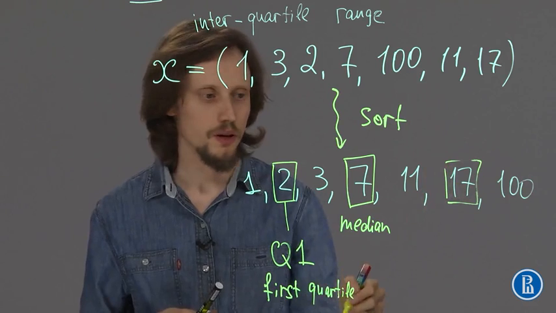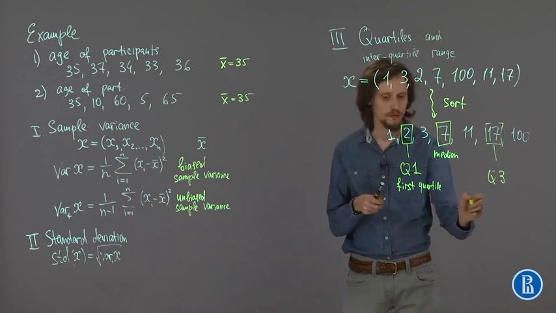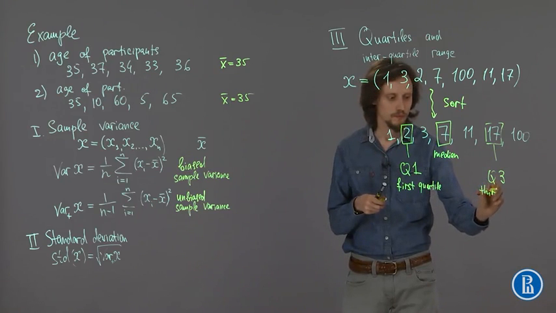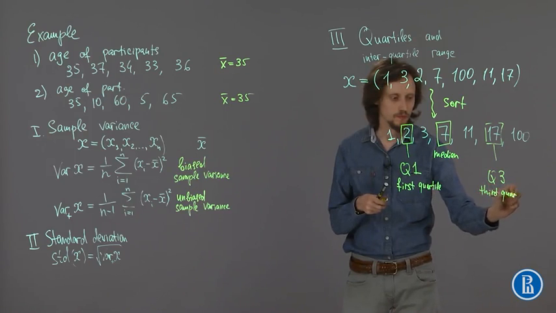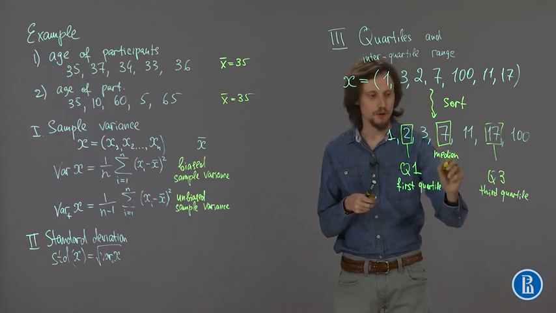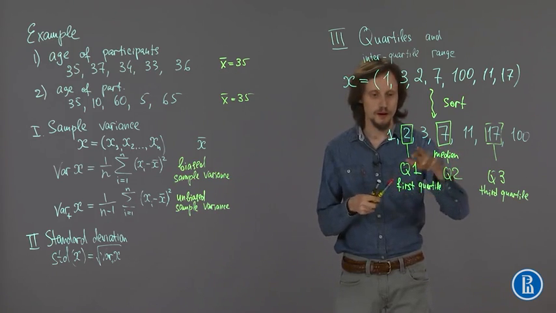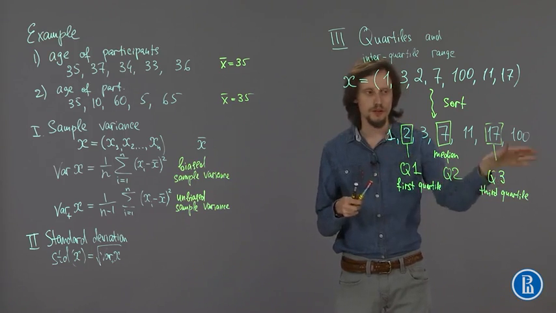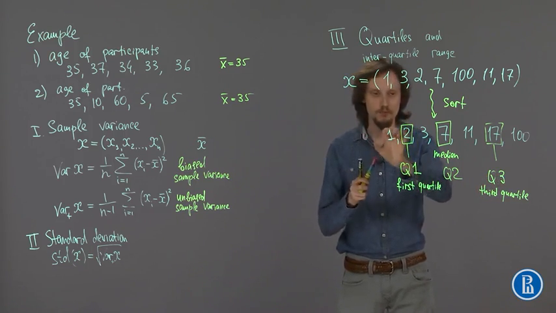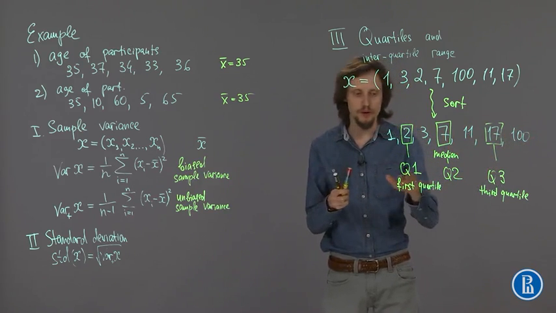And this value is called third quartile. Median can also be called second quartile. These values, first, second, and third quartile, divide the whole dataset into four approximately equal parts. This part, this part, this part, and this part. This is why they are called quartiles.